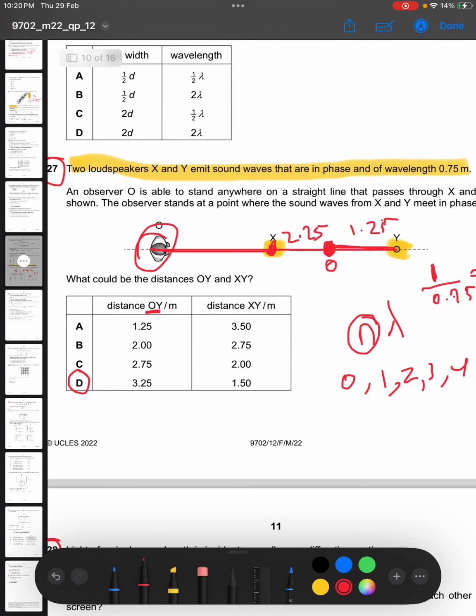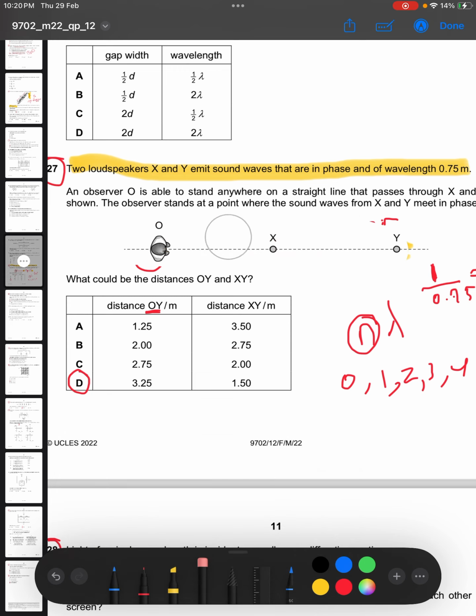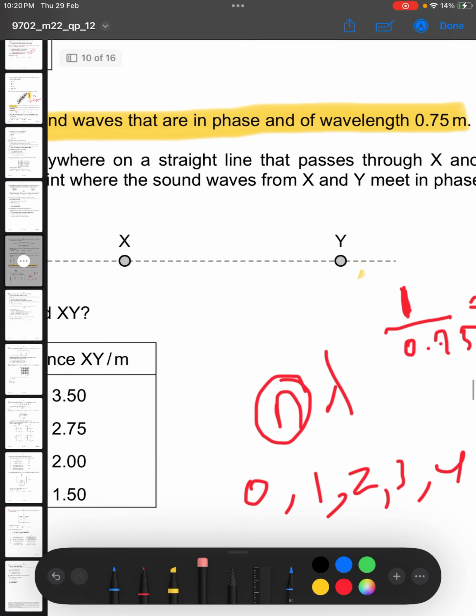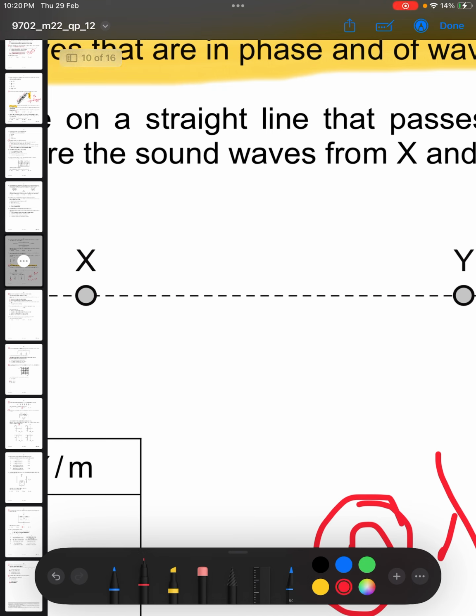Then we go for the second one, which has a distance OY being 2 and the distance XY being 2.75. So in which case I believe that we can say that from O to Y, O might be here, so that this is 2, the distance from O to Y. And the other distance, if from X to Y is 2.75, then this one is 0.75.